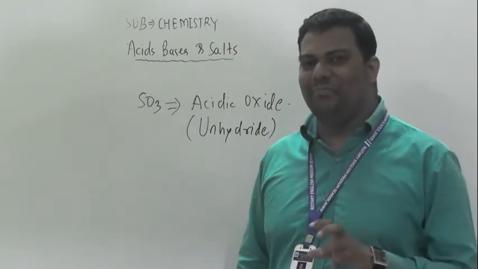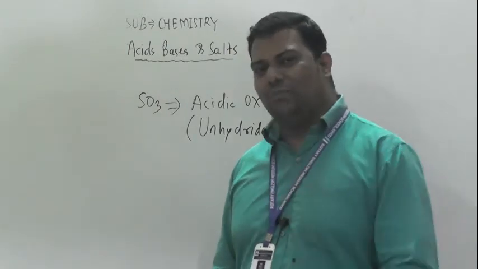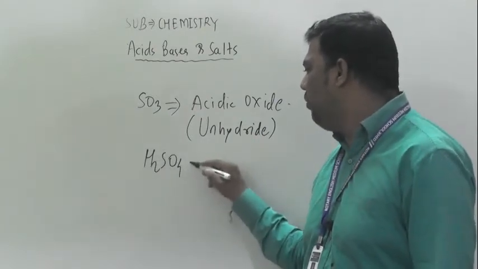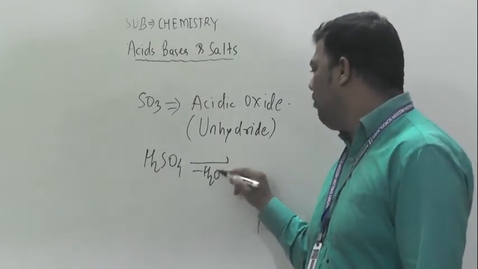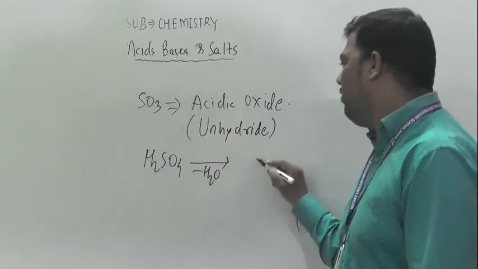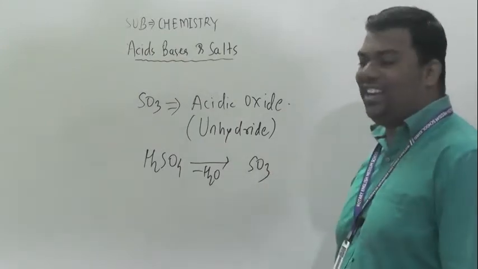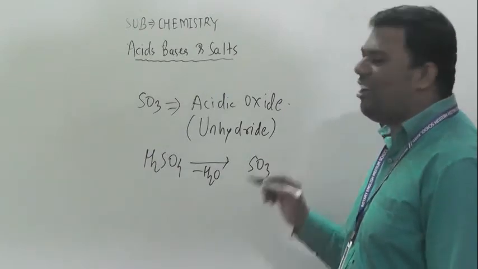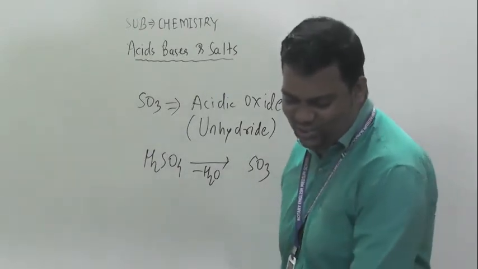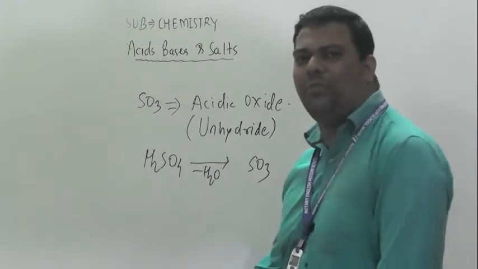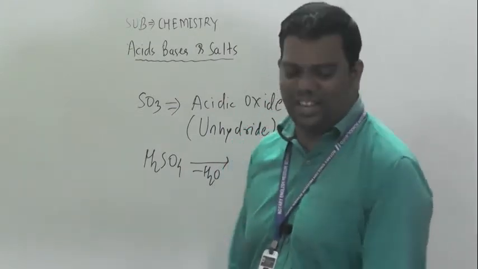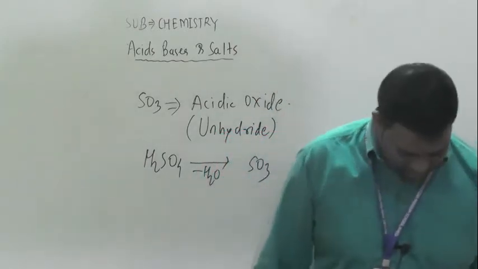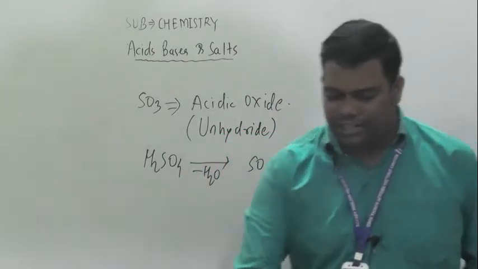So anhydride means removal of water. If you remove water from H2SO4, you will get SO3. So it is the anhydride of sulfuric acid, and similarly the anhydride of carbonic acid. Understood these simple preparation methods.